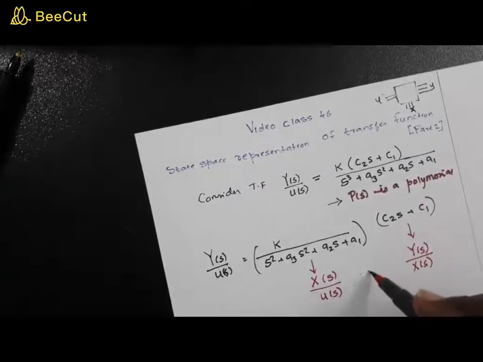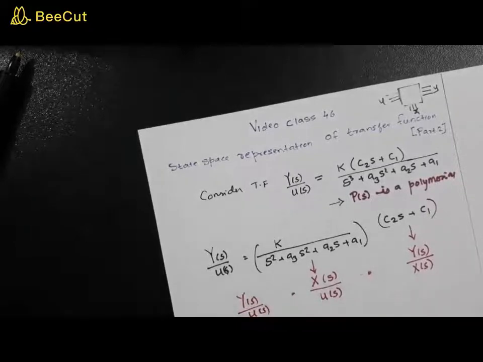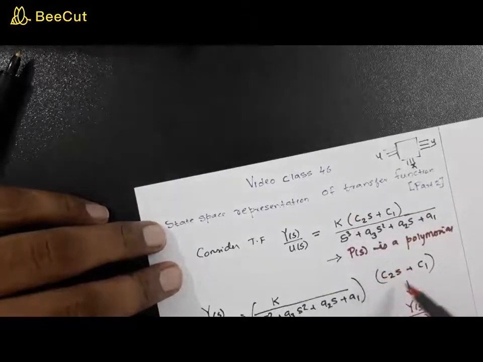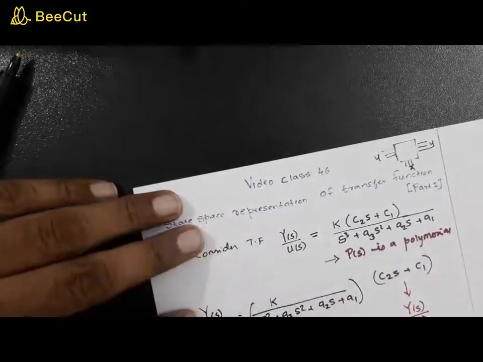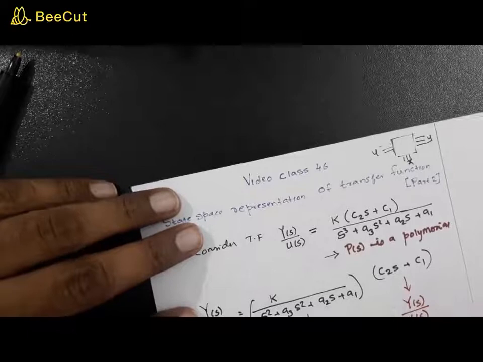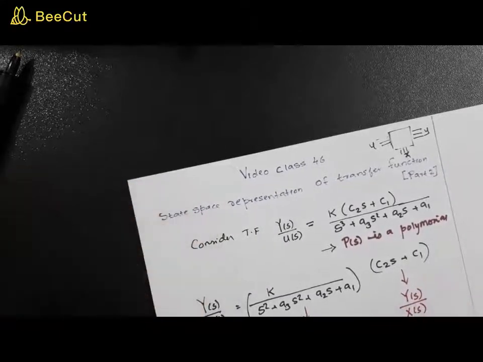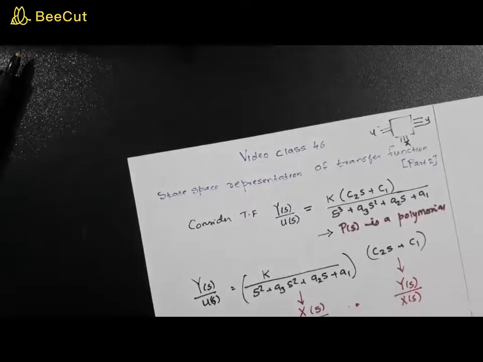Okay, so when you multiply this, you will be getting y of s to u of s. So what you need to do is separate this polynomial as a separate transfer function, and the rest has to be considered as another part of a transfer function. So this is actually the product of two transfer functions where x of s is just a variable in the s domain, a function in s domain which we have just assumed, so that on multiplying, this x of s gets cancelled and you are going to get y of s.